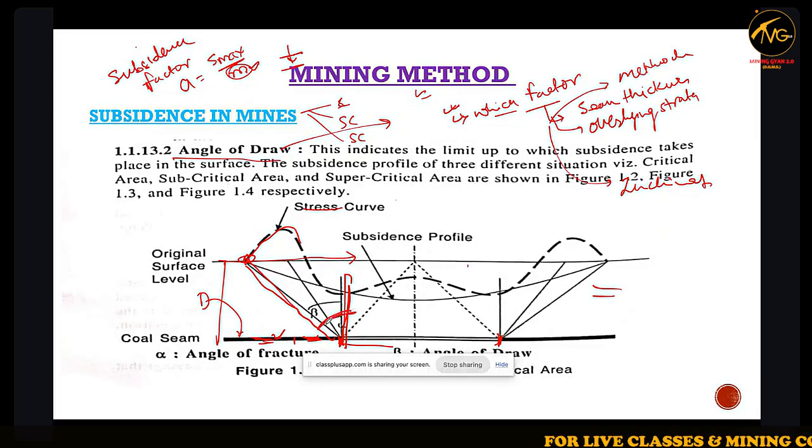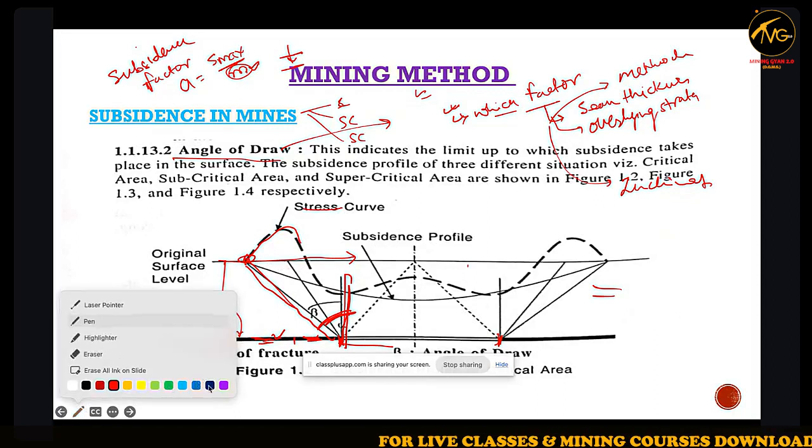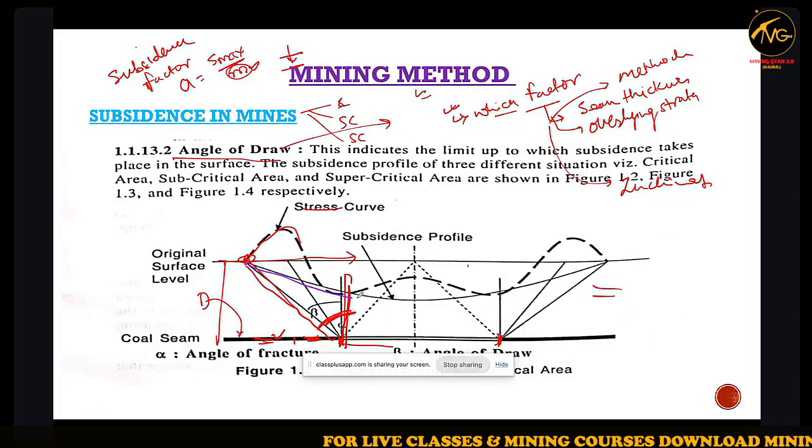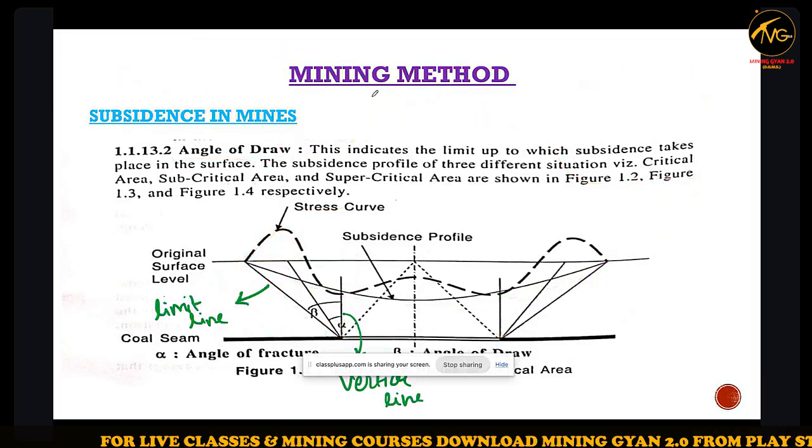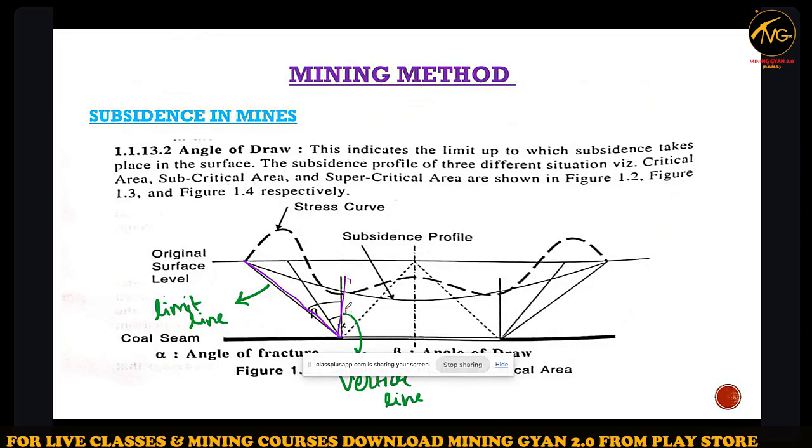This is your subsidence profile. Now what is the difference between critical, supercritical and subcritical? This is your limit line, and this is the vertical line. The angle between these two we call the angle of draw.